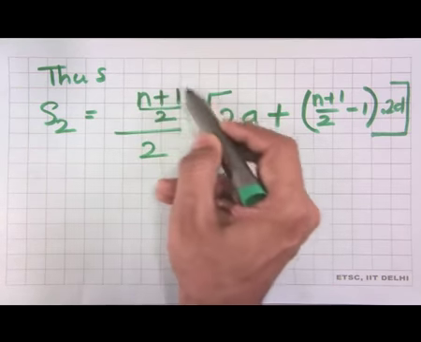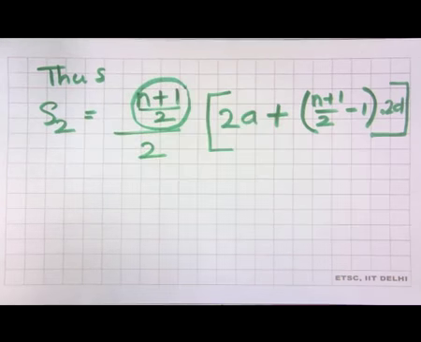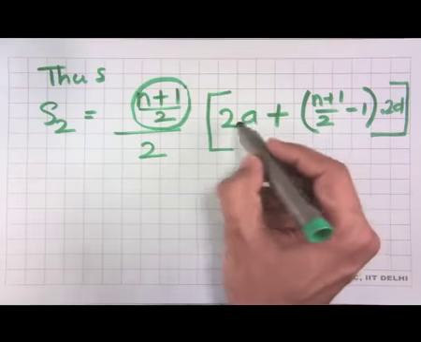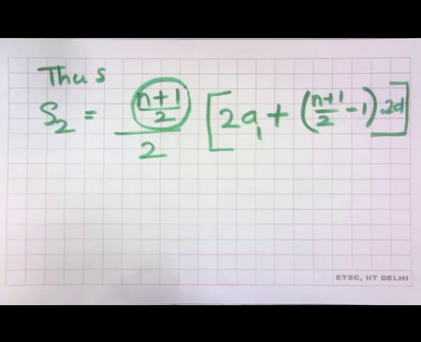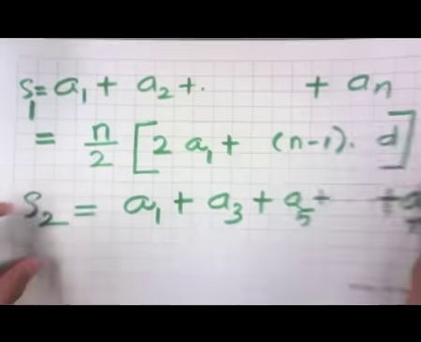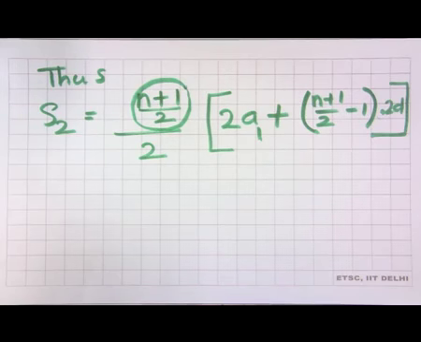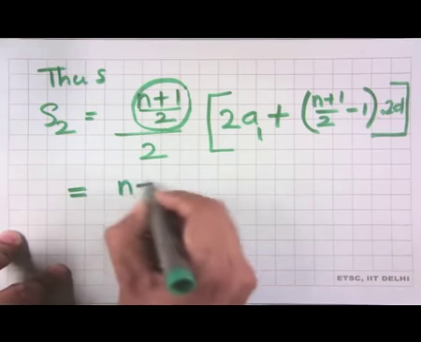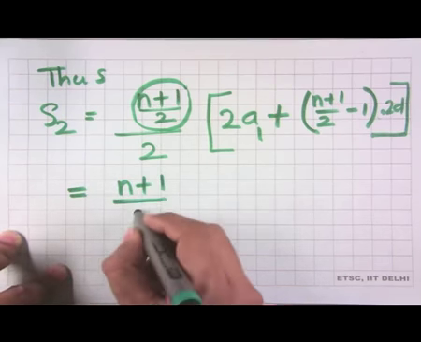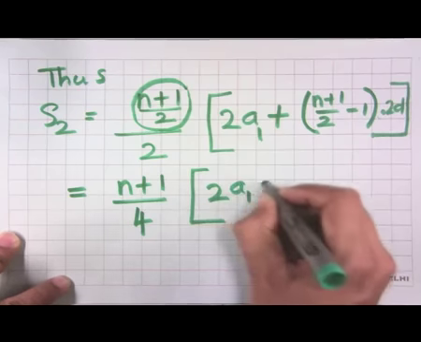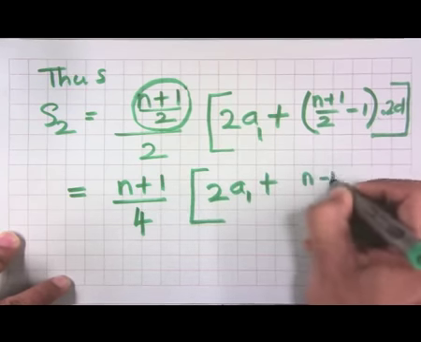Here (n plus 1) by 2 is the number of summands involved in this summation, and A1 is the first term of that AP and 2D is the common difference as we observed. Simplifying this, S2 equal to (n plus 1) by 4 times (2A1 plus (n minus 1) times D).